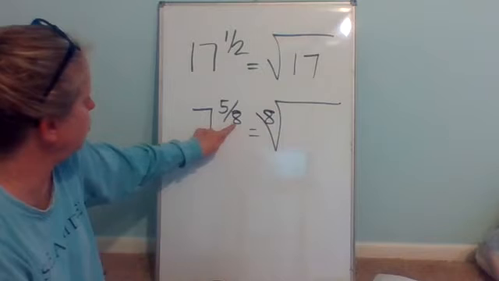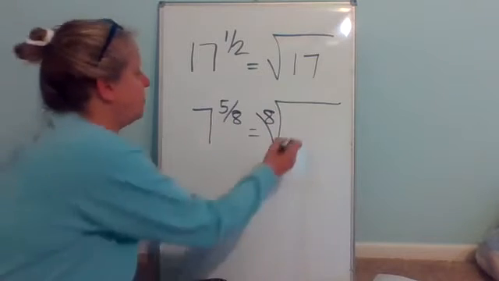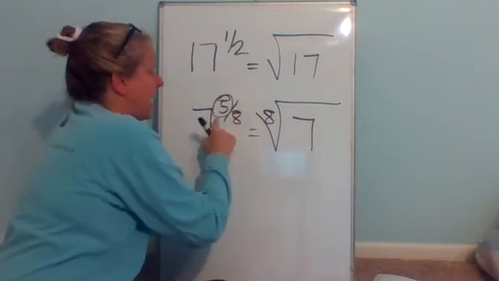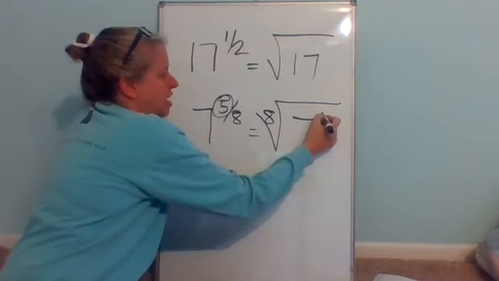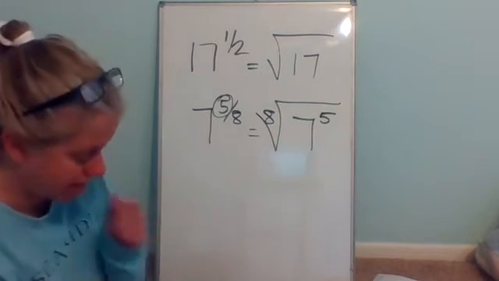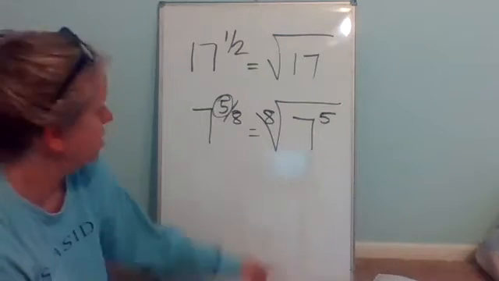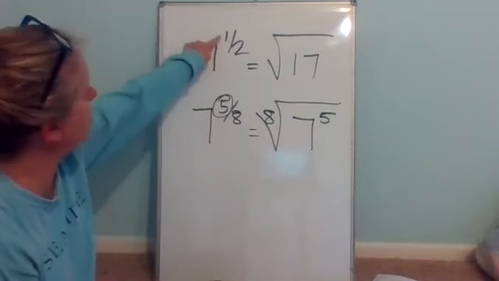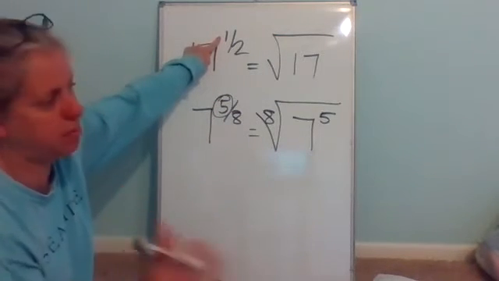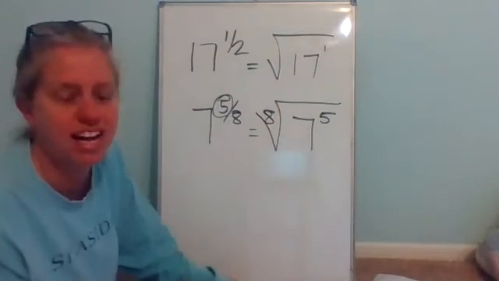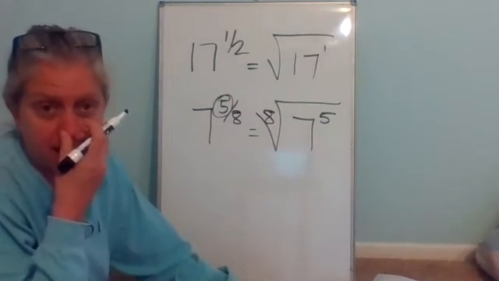So what am I taking the 8th root of? I'm taking the 8th root of 7. Then the top number is what you are raising what's underneath there to. That's why when it's a 1, I haven't even been talking about it, because what is it if you raise 17 to a 1? It's still 17. It doesn't affect it.